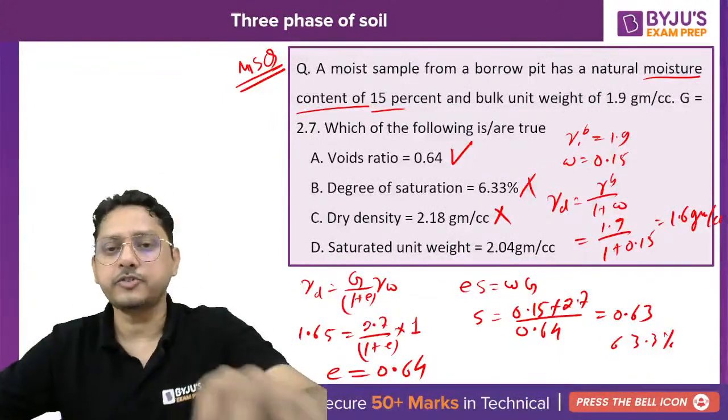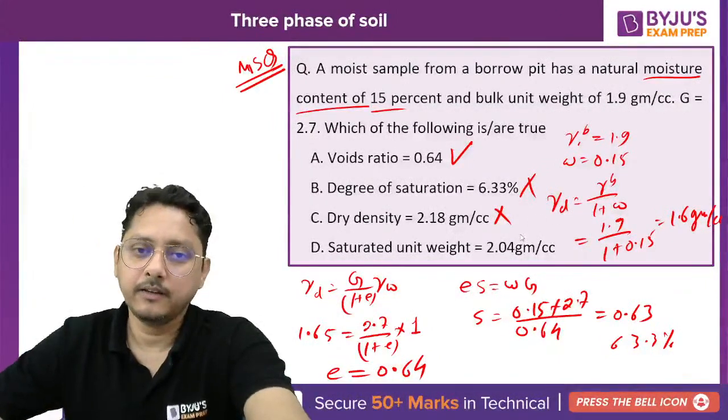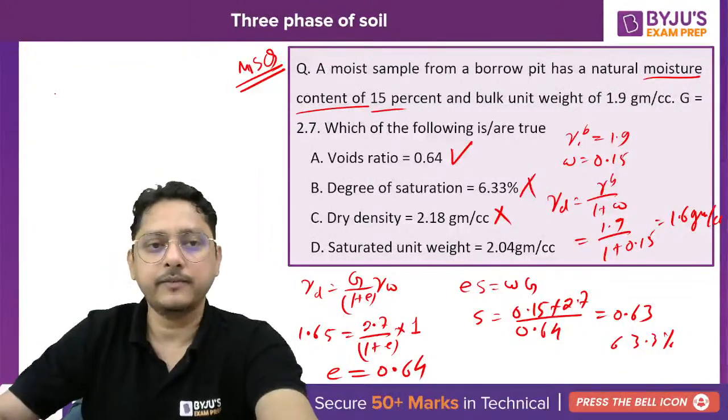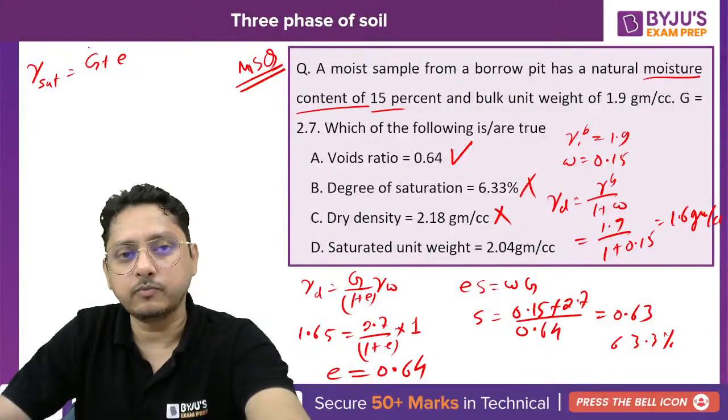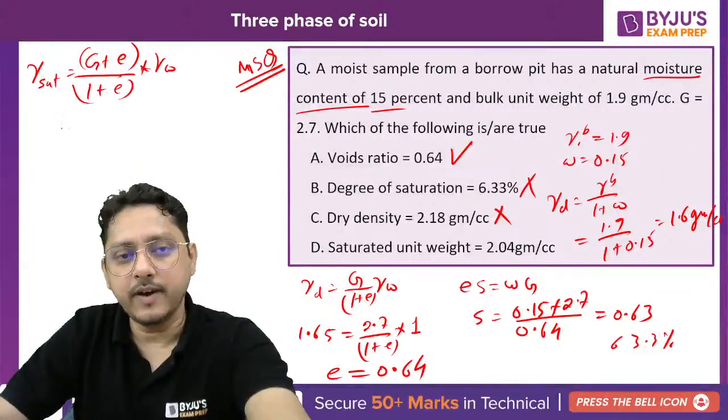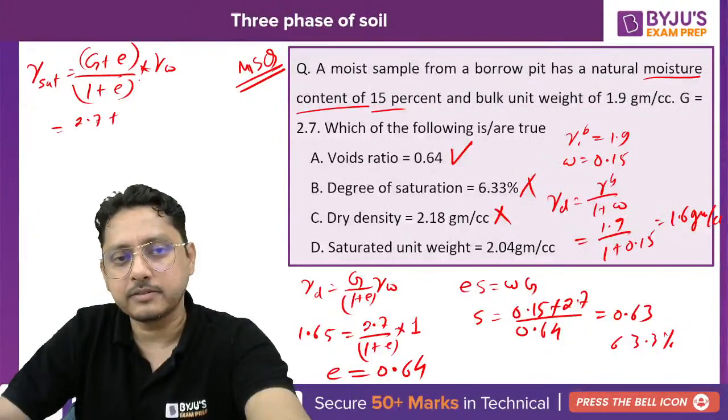The last one is your saturated unit weight. How can you calculate the saturated unit weight? Gamma saturated, just see at the top left corner: gamma saturated is (G plus Se) by 1 plus E, into gamma W, where S becomes 1. G value you already have, that is 2.7, plus the void ratio you have calculated, 0.64, divided by 1 plus 0.64, the whole multiplied by 1.